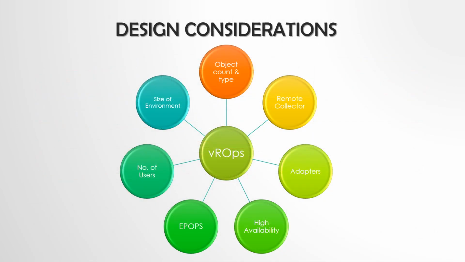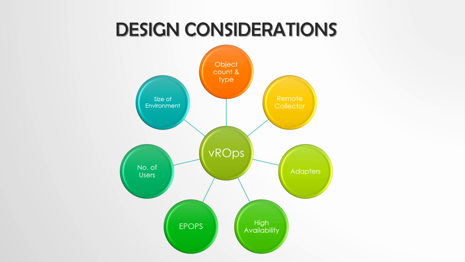Now it's time to talk about design considerations that you need to keep in mind before sizing your vROps. So the first question that you should ask is, what's the number of objects plus the type of objects that you want to monitor, and also the number of metrics that you want.